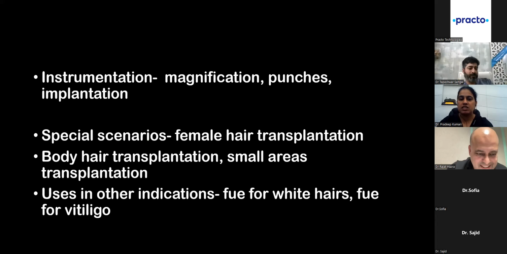Newer instrumentation in terms of magnification, punches, implantation, special scenarios wherein we are doing female hair transplant, body hair transplantation, which Dr. Tapeshwar mentioned, like taking from beard area, going to chest, pubic areas, underarm also, small areas hair transplant, like not taking the hairs but implanting beard, or doing transplantation in situations where someone has had a road traffic accident or a burn and the small patches become visible and they need to be covered to regain the confidence of the patient.